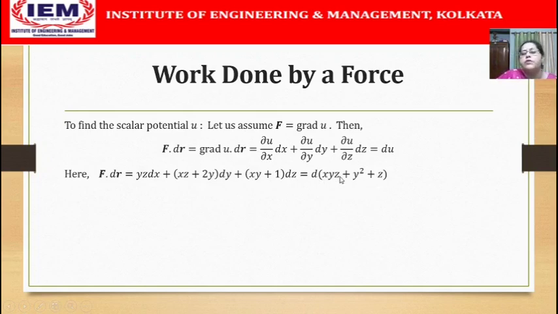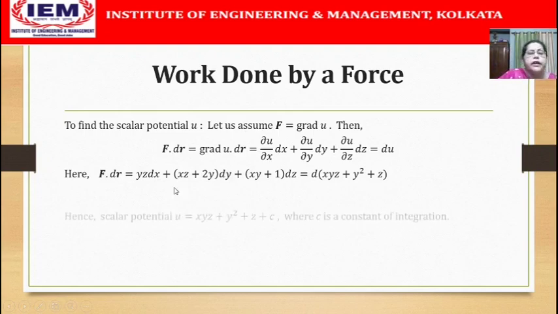Because d of xyz will give us three terms basically. yz dx, this is here. Next, it will give us xz dy, this is again here, and xy dz, this is here. d of y square is 2y dy, and the last term is dz.